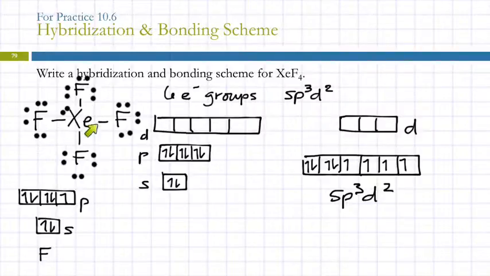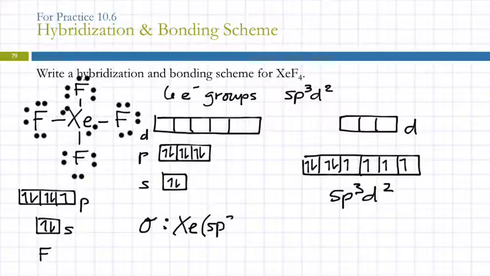We look at this and we see we only have single bonds. All the bonds are going to be sigma bonds. So the bonds are sigma, colon. What kind of orbital on the xenon? Which of these is overlapping? sp3d2, right?